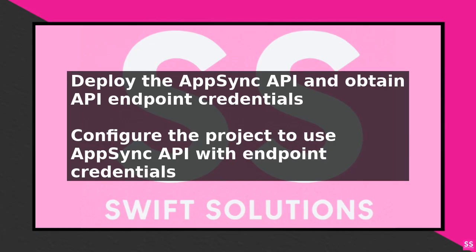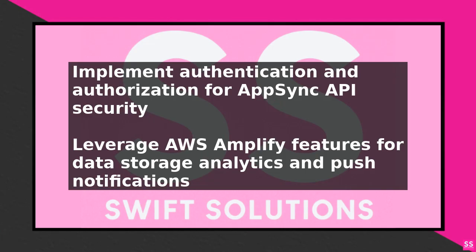Key concepts to keep in mind when integrating AWS Amplify with AppSync include data modeling, schema design, resolver implementation, and authentication and authorization. By understanding these concepts and following the steps outlined in this guide, developers can build powerful and scalable applications using AWS Amplify and AppSync.